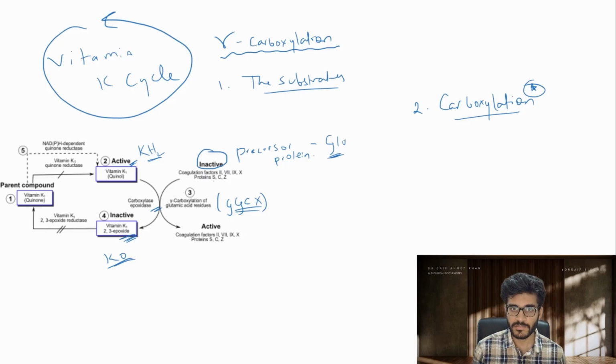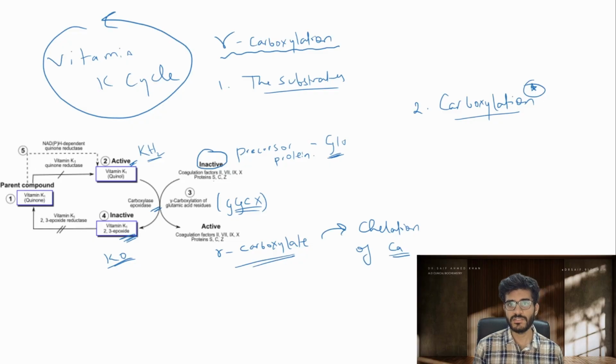The glutamate residue is transformed into gamma-carboxyglutamate. Each glutamic acid residue now has 2 carboxyl groups, making it super efficient as a chelator for calcium ions. Think of GLA residues as the Velcro for calcium.